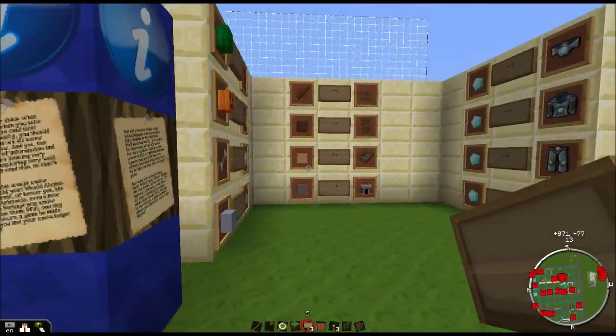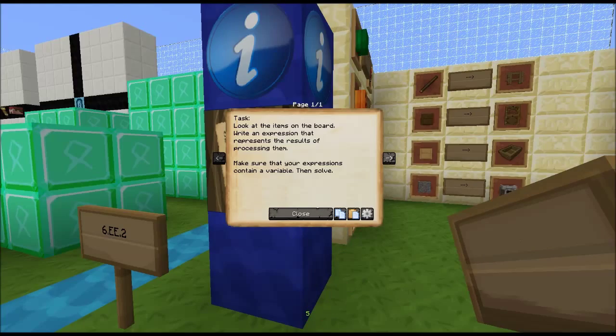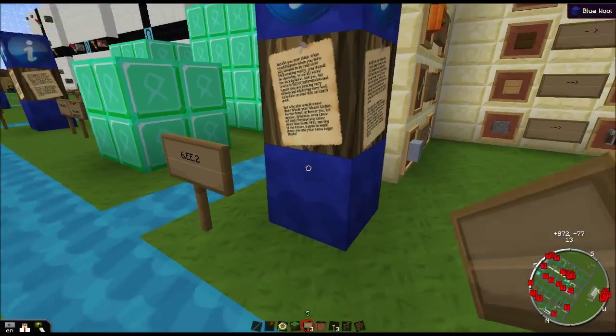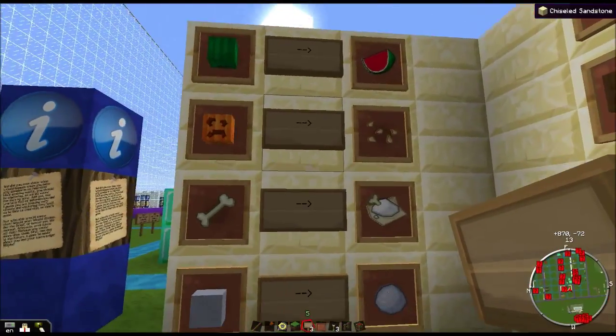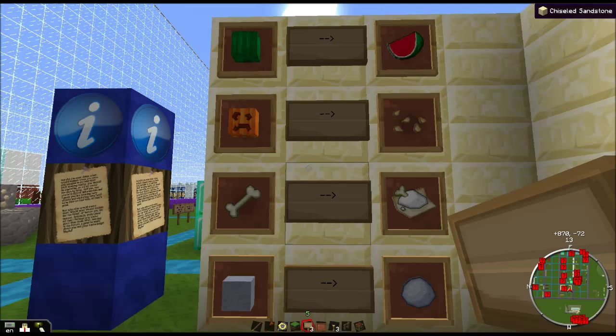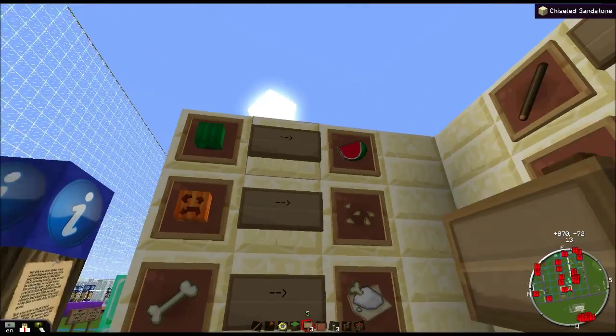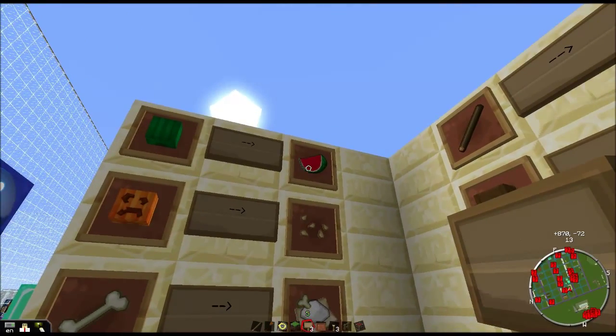Moving on. This is our writing expressions section. Sorry, wrong button. I'll show you what I did. These are items within Minecraft that I know of that can be broken down into different numbers of other items. Melons can be broken down into slices of melon.